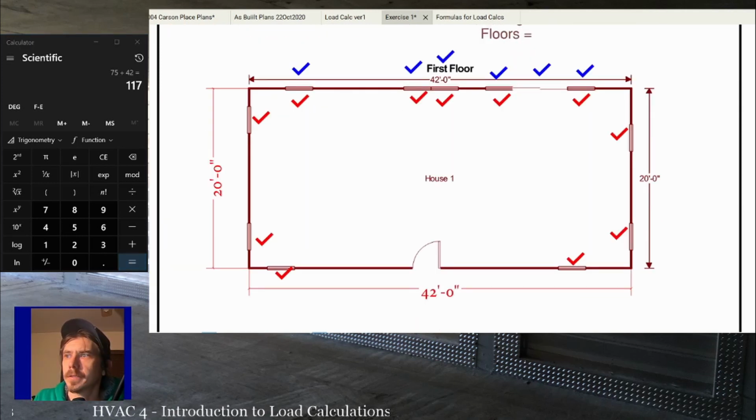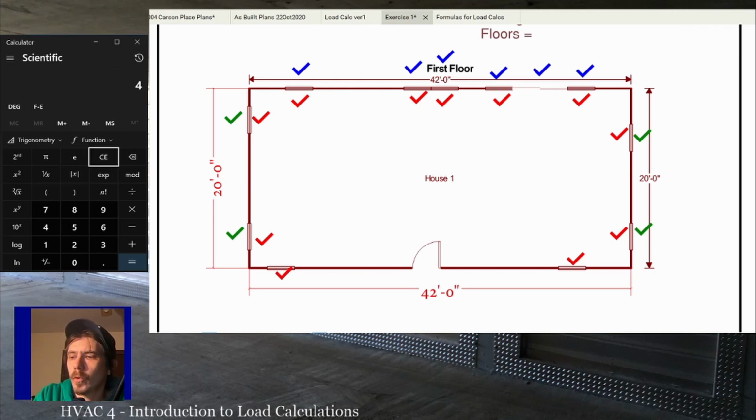East and west, we'll do those in green. We have 1, 2, 3, 4 windows that face east and west, right? 4 times 3 times 5 is 60.